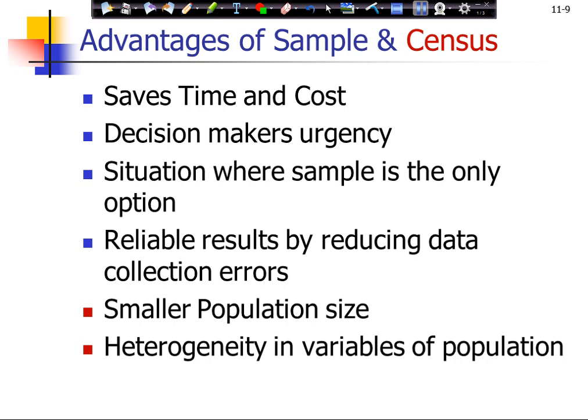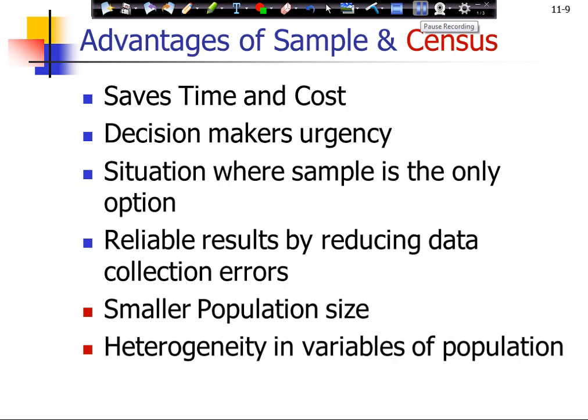So here the heterogeneity in variables of population is observed, and whenever we are expected to get the heterogeneous results or diversified results or responses from the respondents, we must prefer the census.